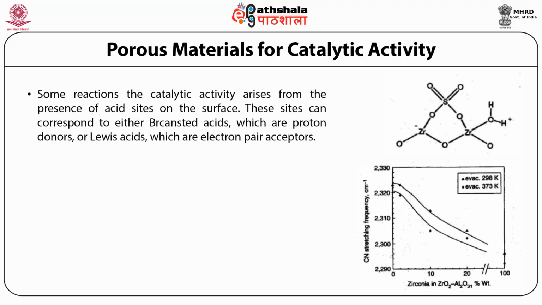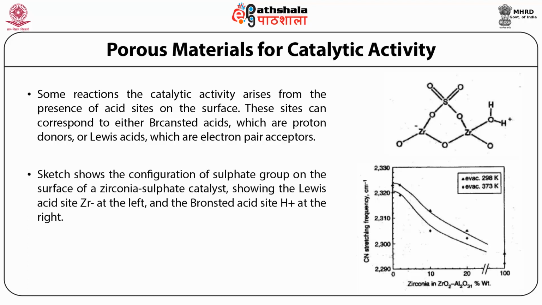For some reactions, the catalytic activity arises from the presence of acid sites on the surface. These sites can correspond to either Brønsted acids, which are proton donors, or Lewis acids, which are electron pair acceptors.